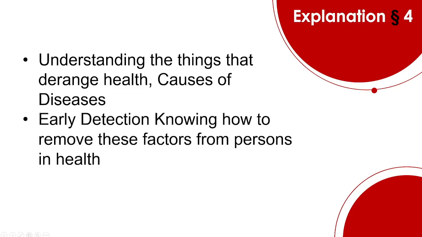Next, early detection, and how to remove those factors from the person in health. This is the most important: not just to recognize or diagnose when the disease has occurred, but to do so as early as possible. Here he emphasizes diagnosing and understanding it as early as possible. The earlier, before it happens, the better the cure would be.